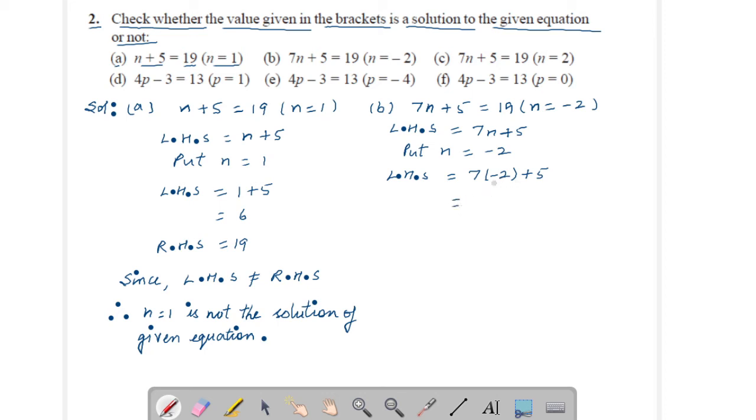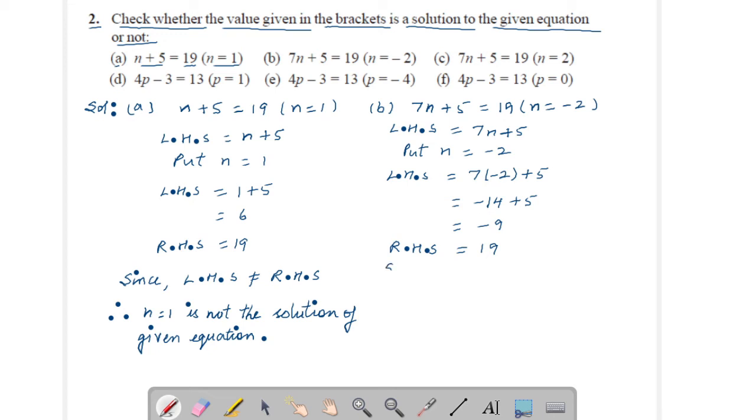You will get 7 into minus 2, it is minus 14 plus 5. What will you get? You will get minus 9. And right hand side, what is the right hand side of equation? It is 19.